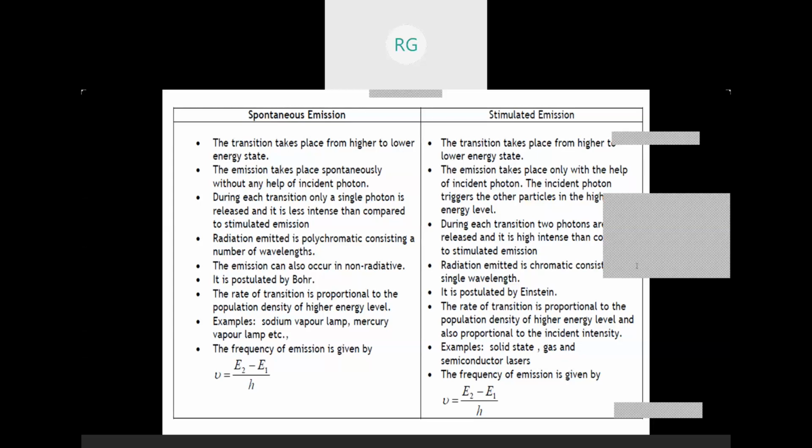Therefore, spontaneous emission is seen in general light sources, whereas stimulated emission is shown only in lasers. These differences give rise to the difference between an ordinary light and a light having coherence, which is called stimulated emission.